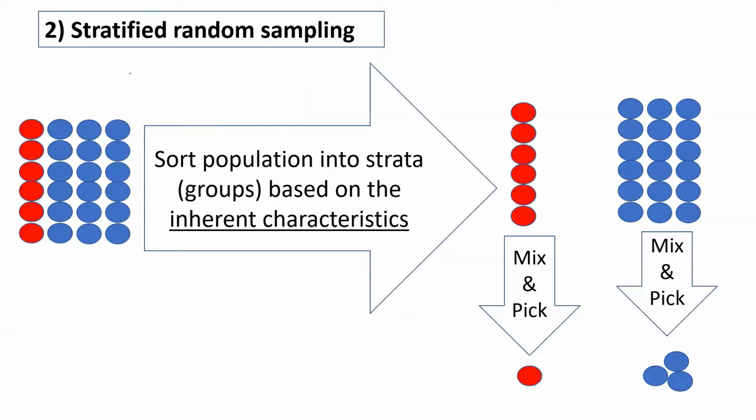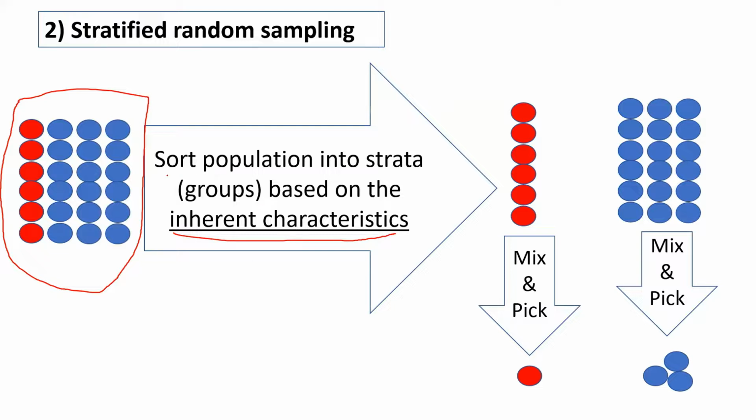The next one that we're going to look at is stratified random sampling. Stratified random sampling is a scenario whereby you have a population in which you have some inherent characteristics that can be used to put the population into groups.